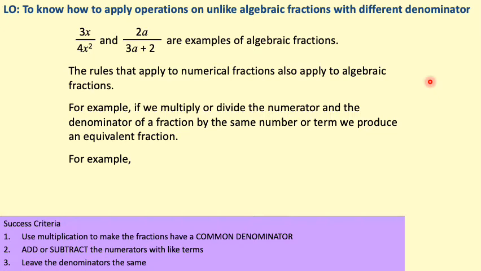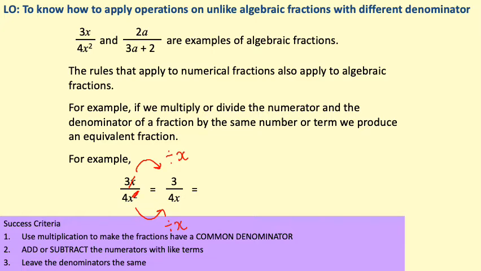So let's have a look at an example. So we've got 3x over x squared. So what we've done here is we've just divided through top and bottom by x, which means this x cancels, and then we've divided through by x on the bottom, which means that this x, it would be x times x, so we'll get rid of that.